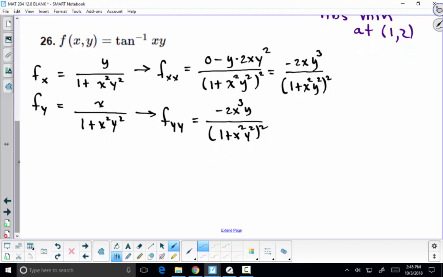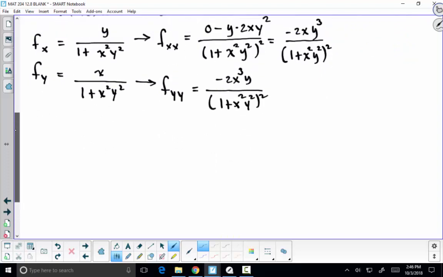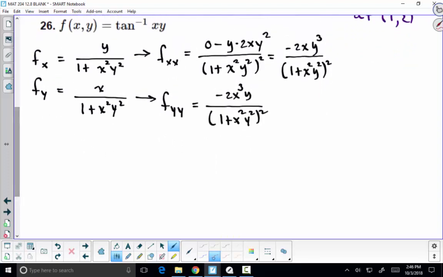Let's find our critical points. Let's do what we can do without causing pain. Okay, so let's set these equal to 0 to find our critical points. When we set these equal to 0, we have a pretty nice critical point.